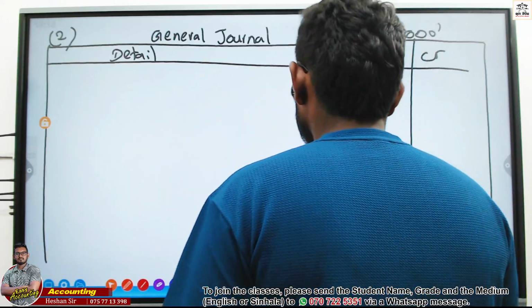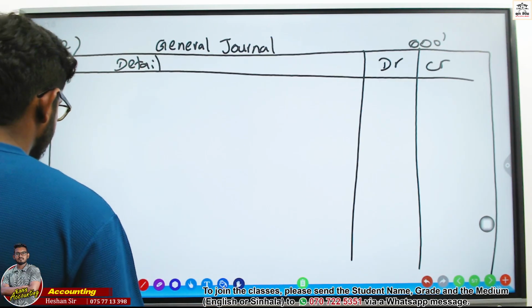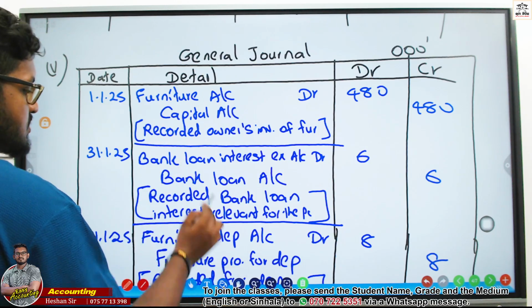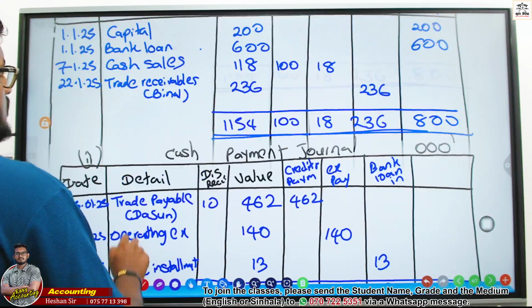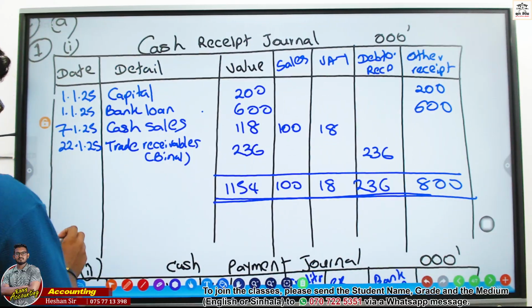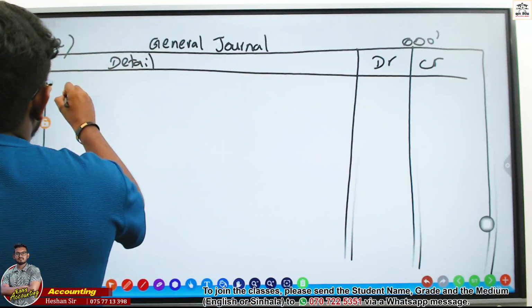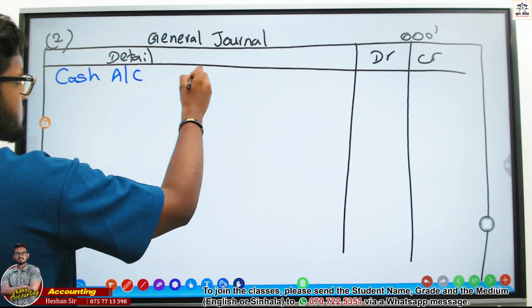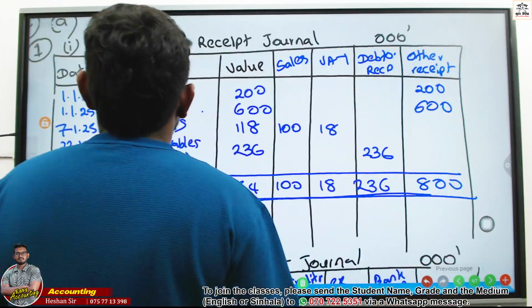Next, what they are asking, number 2, they are asking posting entries, right? So first, let's take the cash receipt journal. Cash account debit 1,154.